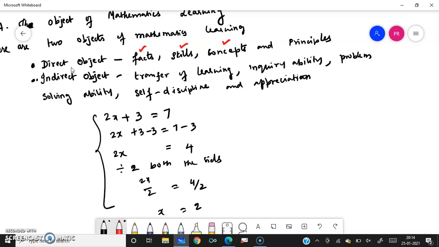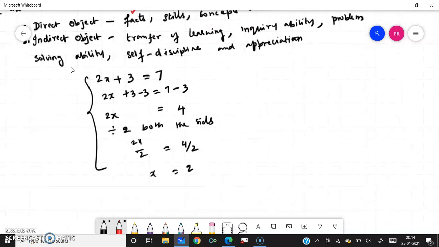For example, if you talk about sets, now I am talking about the concept. Concepts here I mean mathematical concepts. For example, sets: whether this is a set, for example the set of all whole numbers. Is it a set?